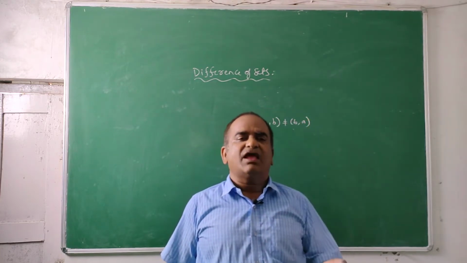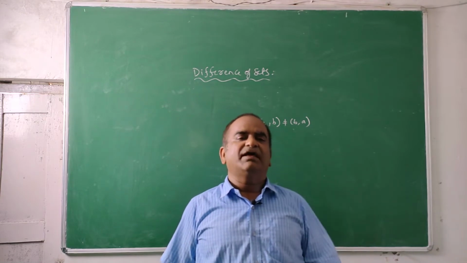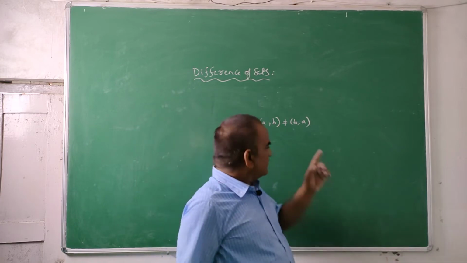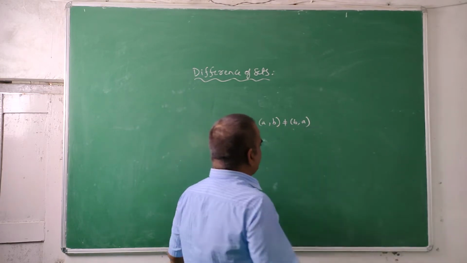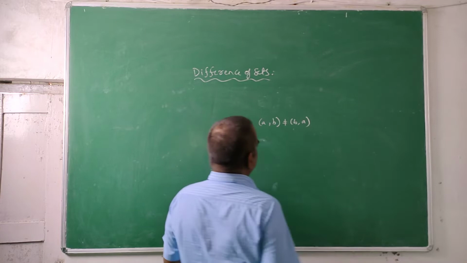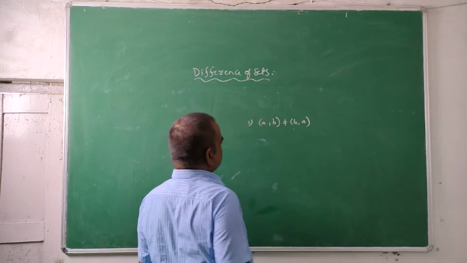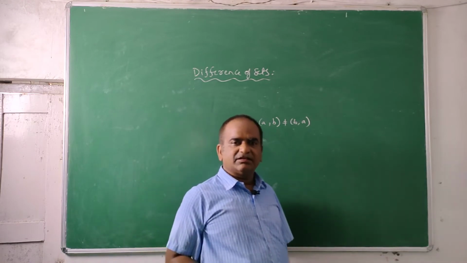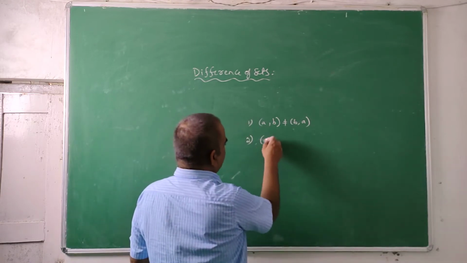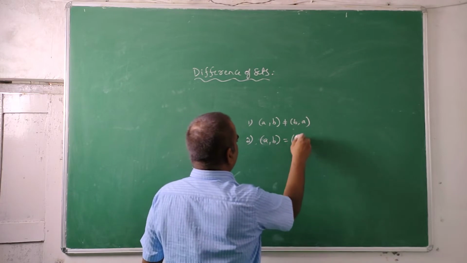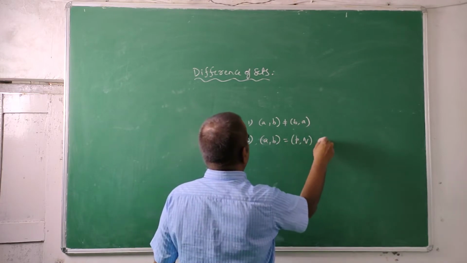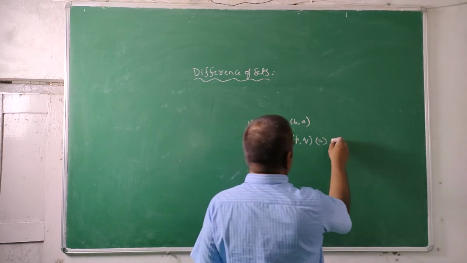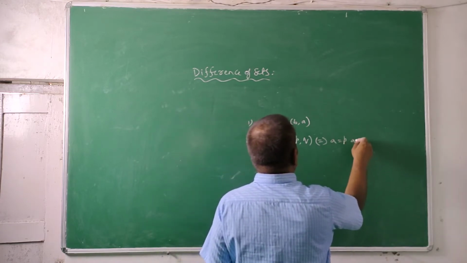The moment you change the order, the ordered pair is considered to be changed. And the second important property of ordered pairs is: ordered pair AB is equal to ordered pair PQ if and only if A is equal to P and B is equal to Q.